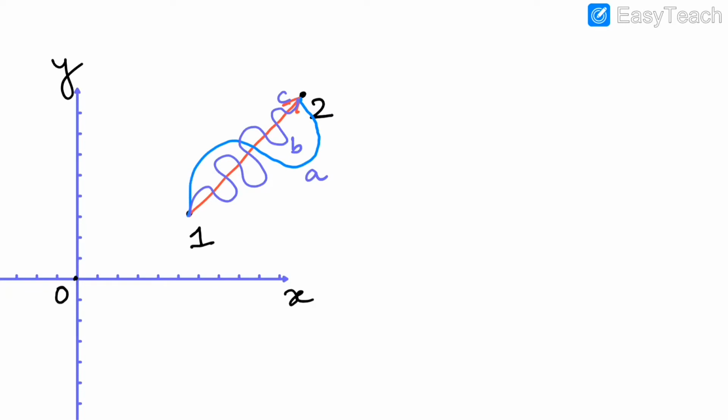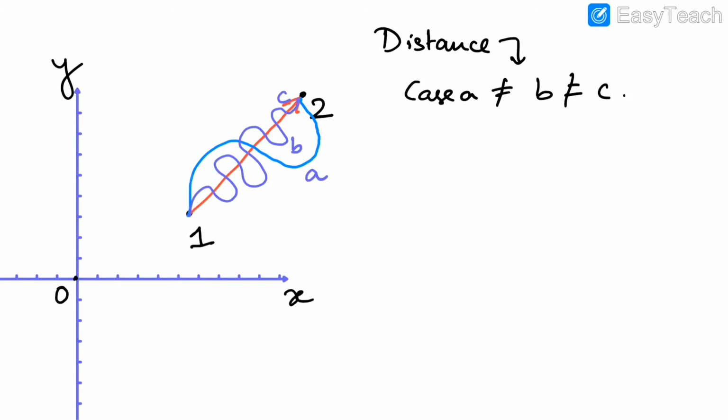The distance covered in case A is not equal to case B, which is not equal to case C, since the path length is different in all 3 cases, right?